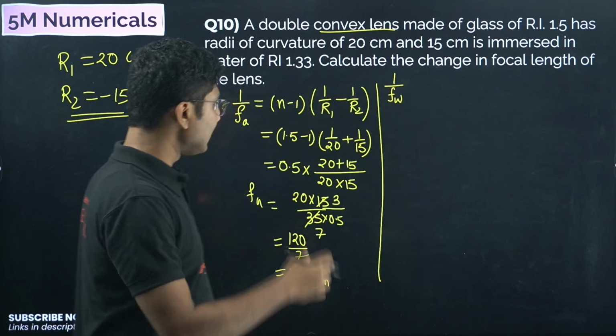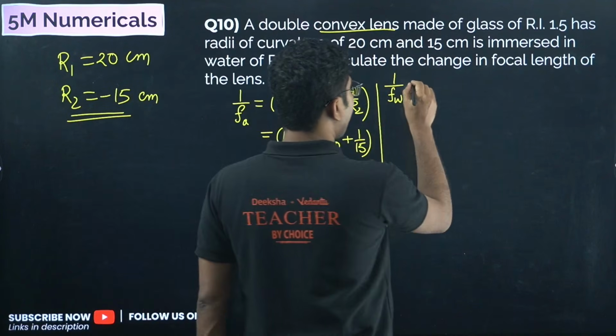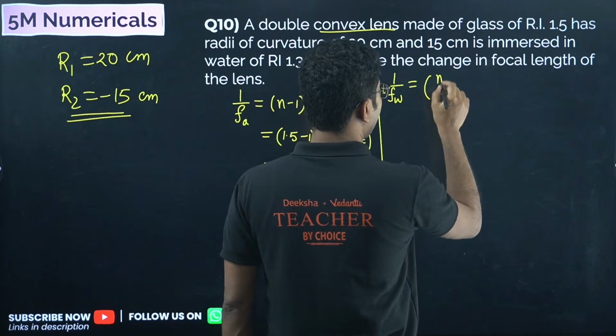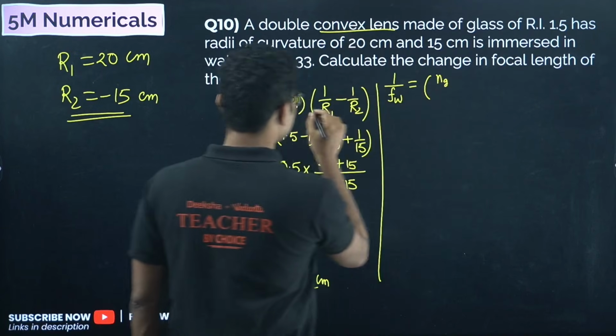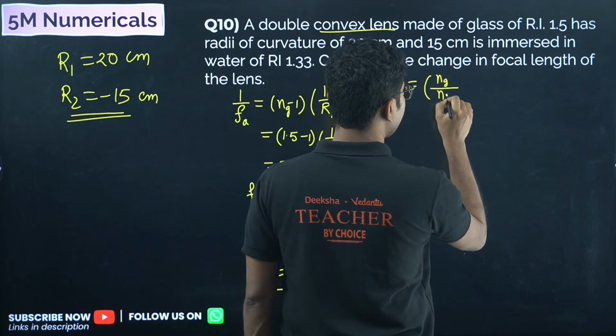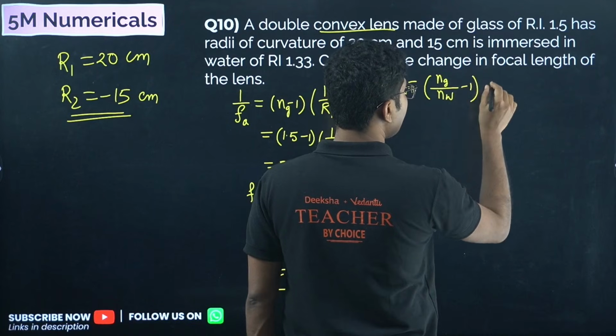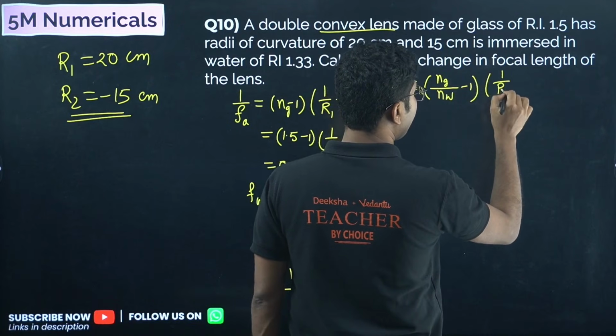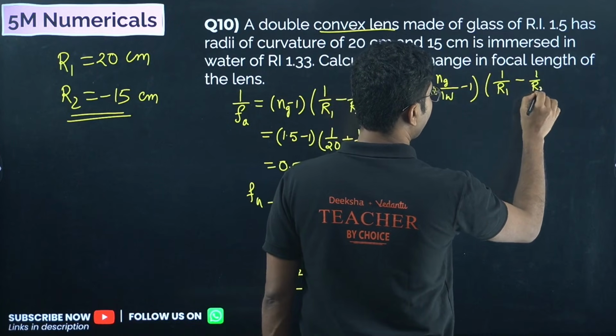Okay, and that is again given by N of glass. Here it was only glass, right? Here, glass divided by refractive index of water, minus 1, into 1 by R1 minus 1 by R2.